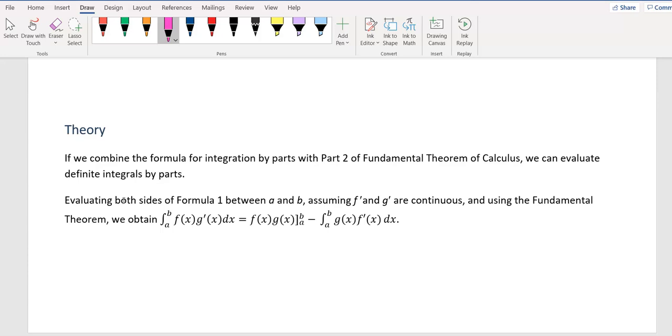And you would do so using this lovely formula here. You can evaluate the u times v part of the formula at b and a, and then simplify your integral and evaluate that answer at b and a.